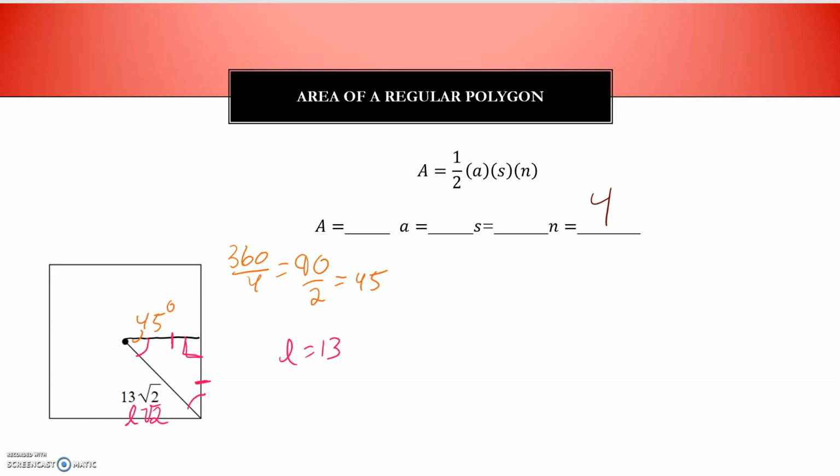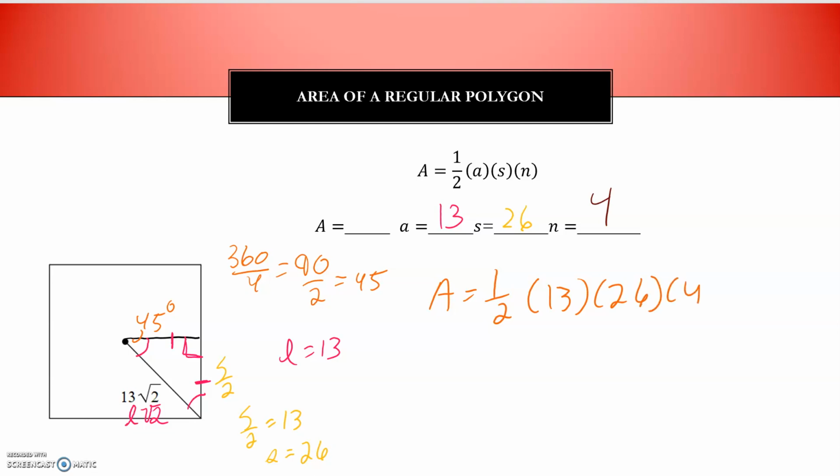That would be your apothem. And then this is S over 2. So if S over 2 equals 13, then S equals 26. And then you would go through and find your area. Area equals 1/2 times 13 times 26 times 4, which is 676.